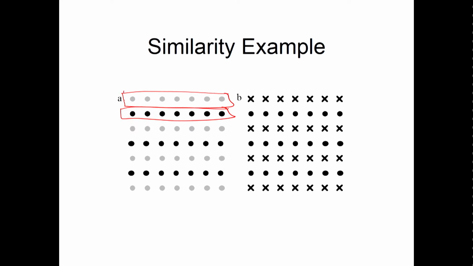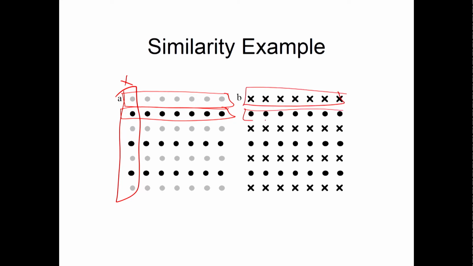We do not group this way. Similarly, we group row-wise, and we do not group column-wise, because of the similarity of the objects.